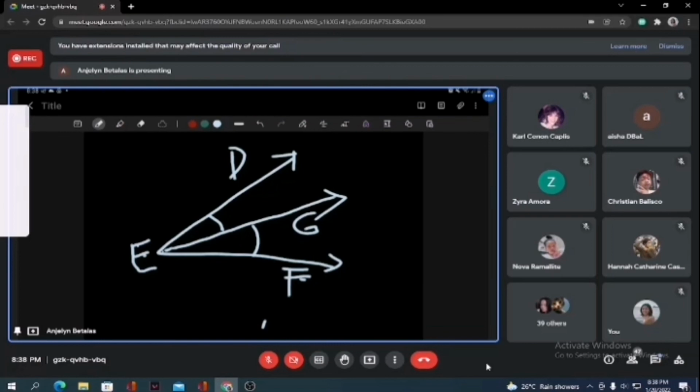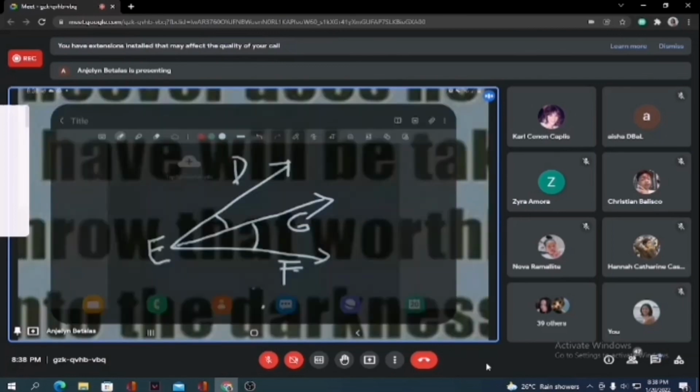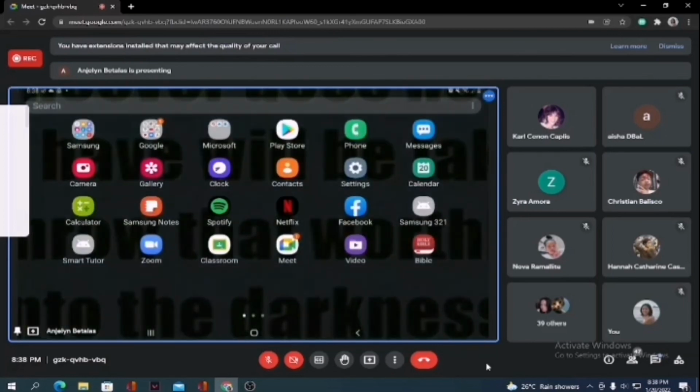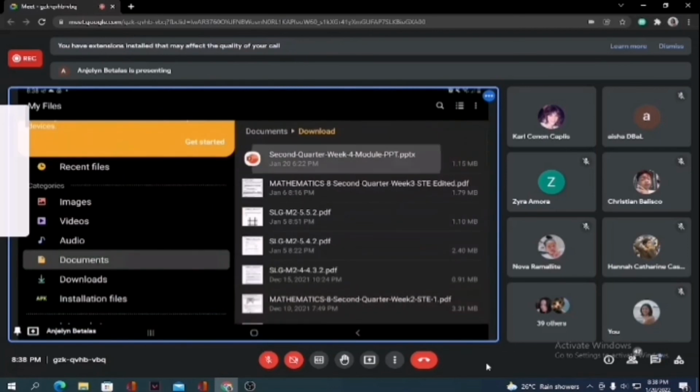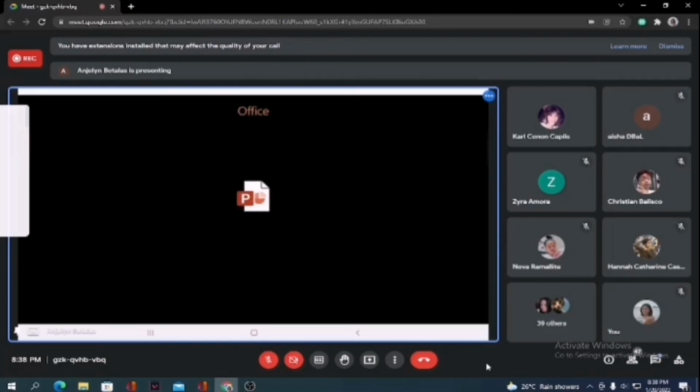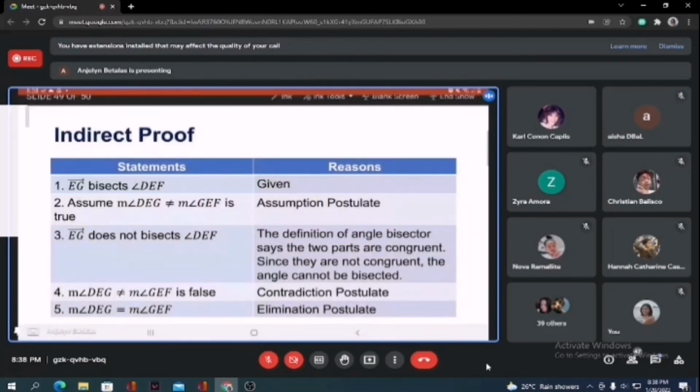Duha ka angle? Niingon man siya nga dili siya equal, so that means to say, ray EG does not bisect angle DEF. So, klaro man ang iyang pasabot.